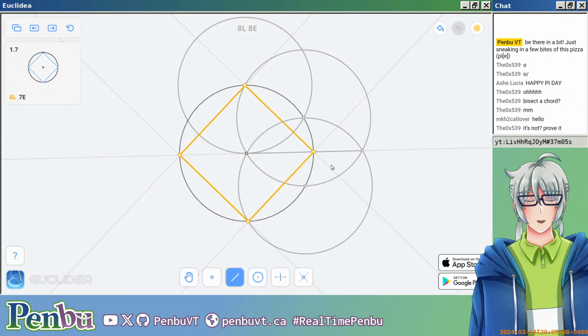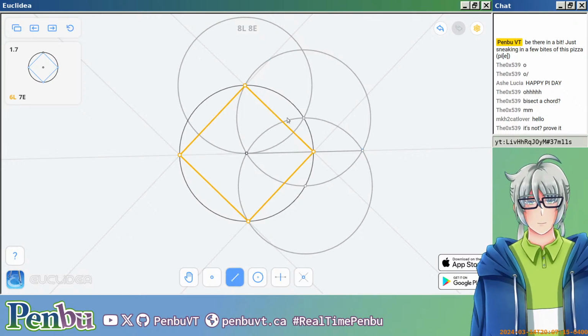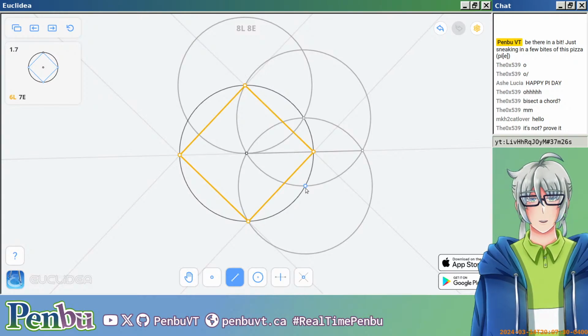Is there anything we can optimize here? So we have to have this circle because otherwise we have no place to start. And then where else can we go from here? We have to have this circle, I think, because otherwise we have no other reference points.